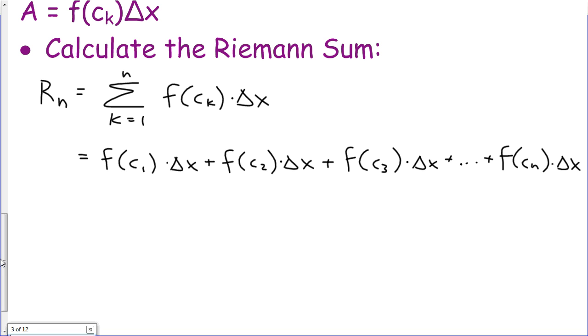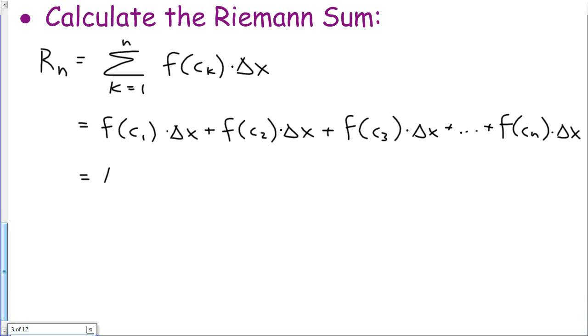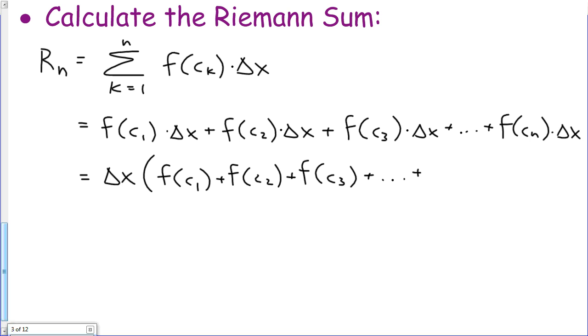So by simply multiplying delta x times my function values there, and adding all those up, I get my Riemann sum. Now you'll notice, just like we had with trapezoidal sum, turns out that each of these are multiplied by delta x. So because of that fact, I can factor out a delta x actually, and I can rewrite this as f at c sub 1 plus f at c sub 2 plus f at c sub 3, and so forth, all the way up to your function at c sub n.